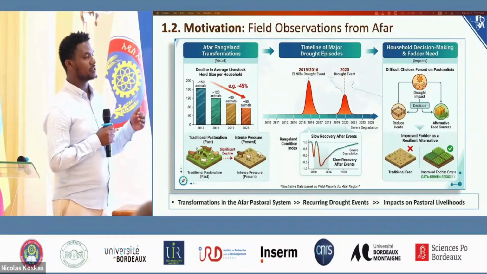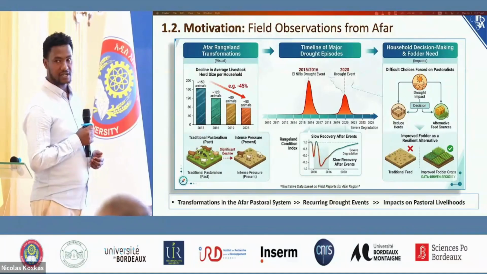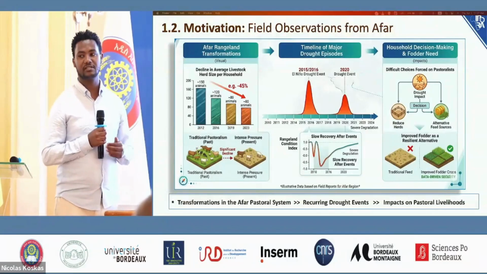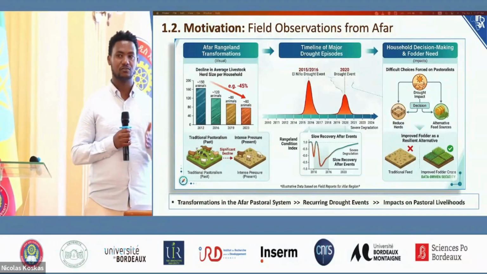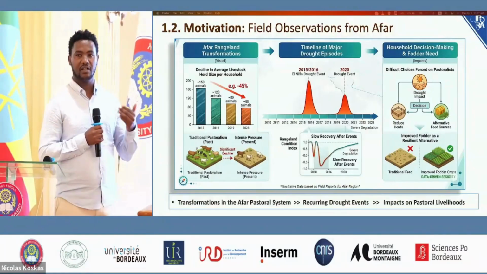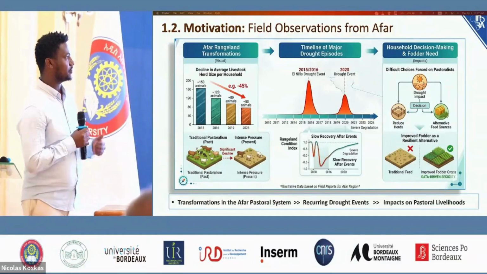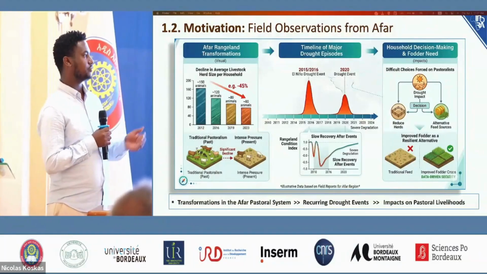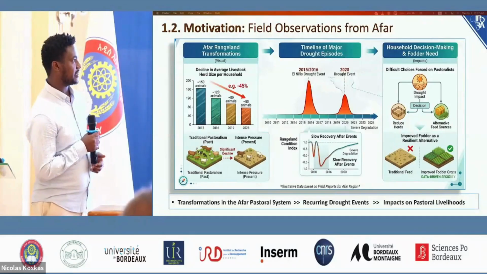This causes a decline of herd size per household. Households in these areas come to very difficult decisions: either reduce the size of their herds or find alternative feeds for their livestock. For this purpose, we are going to study the extent and the diffusion or adoption of improved fodder in these areas.